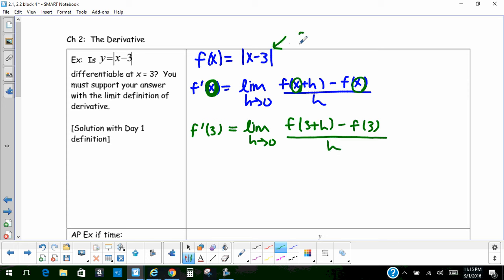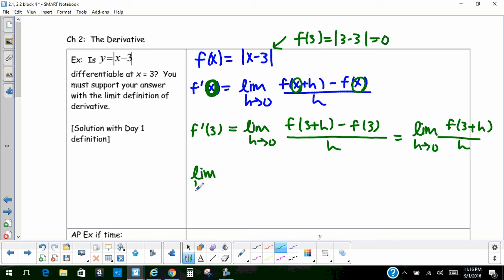Because back up here, f of 3 equals absolute value of 3 minus 3, which is 0. So this turns into the limit as h goes to 0 of just f of 3 plus h all over h. And we would want to look at the different one-sided limits.